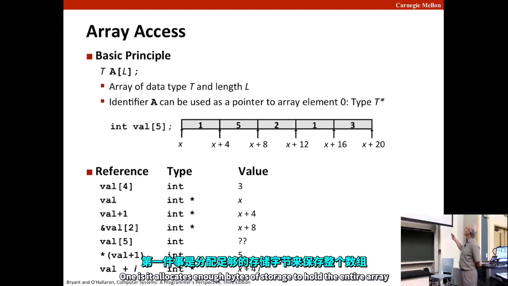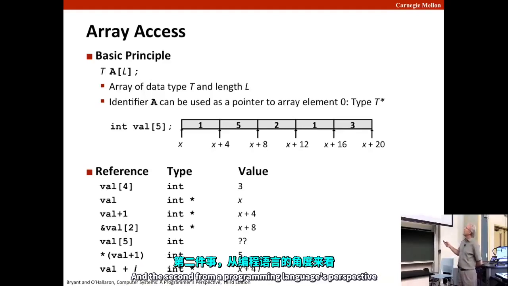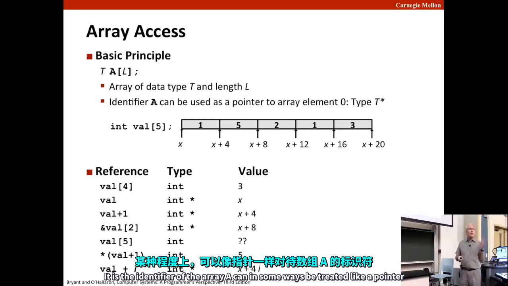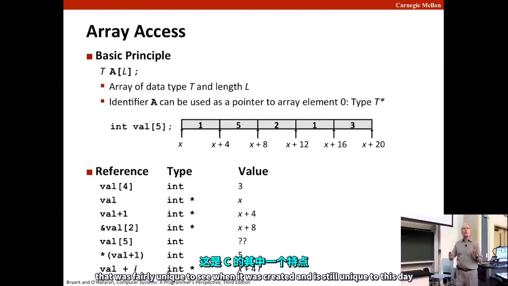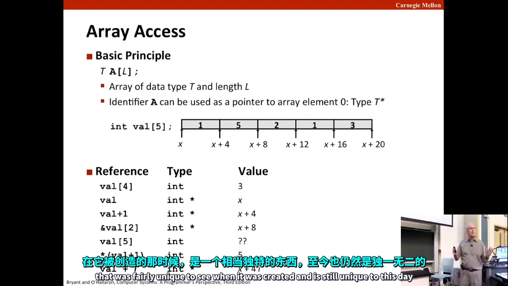One is it allocates enough bytes of storage to hold the entire array. And the second, from a programming language perspective, the identifier of the array A can in some ways be treated like a pointer, that you can do pointer arithmetic off of it. And that's one of the features of C that was fairly unique to C when it was created and is still unique to this day.